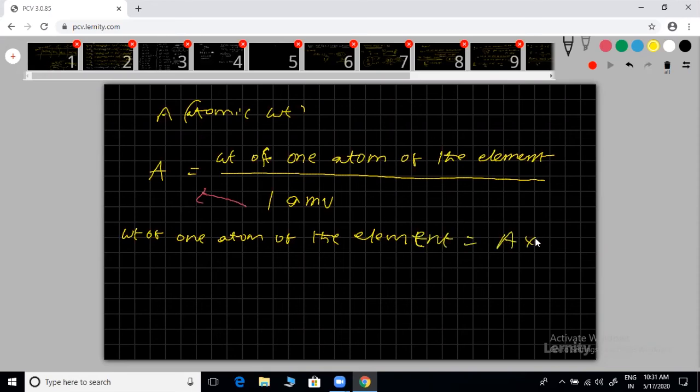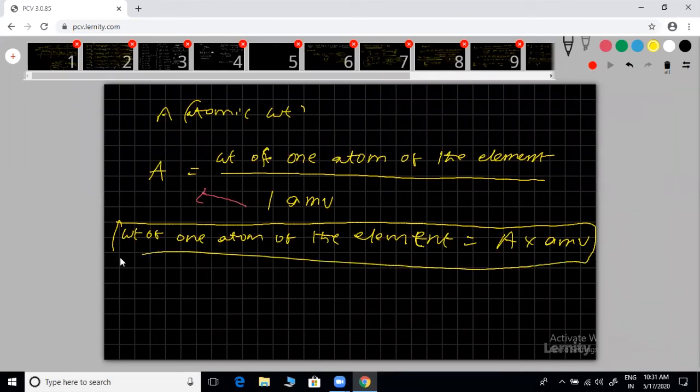One AMU is nothing but AMU only. This is the final formula. We redefined atomic mass of the element atom. Try to understand here, one atom, very clearly we mention. We are calculating one atom weight. Means one hydrogen atom weight how much? One oxygen atom weight how much?